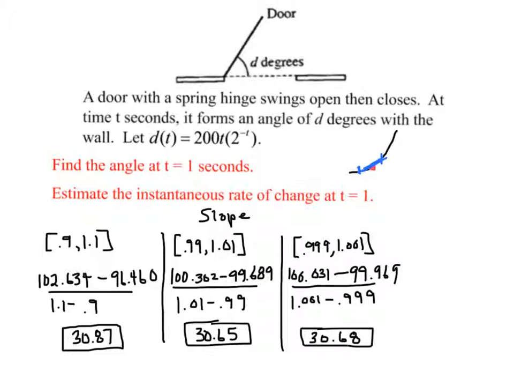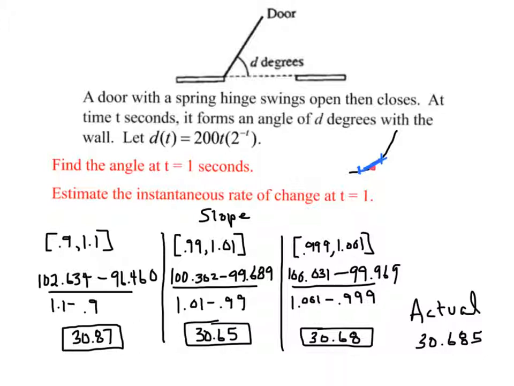Now, the actual slope there, if you actually could find it, is 30.685. So we started off at 30.87, so not a bad estimate, only going a tenth on either side. Then we went 100th, we got really close, and then we went 1,000th, and we're almost there.